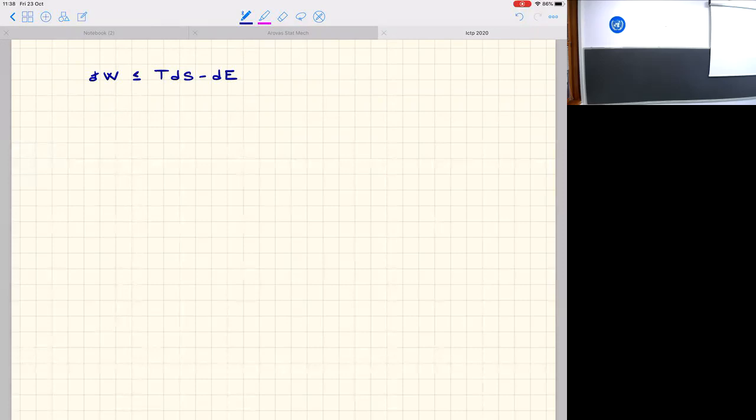And therefore, if I fix the entropy, then the work done cannot exceed minus the change in internal energy. What is capital E? Sorry, the problem is that I have different notations in my notes and in what I'm writing.